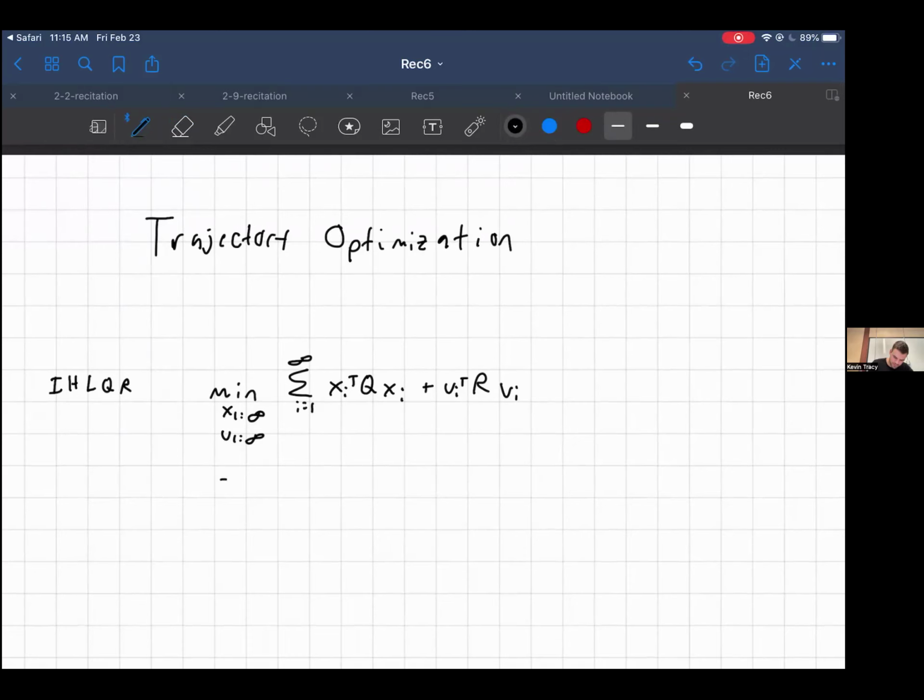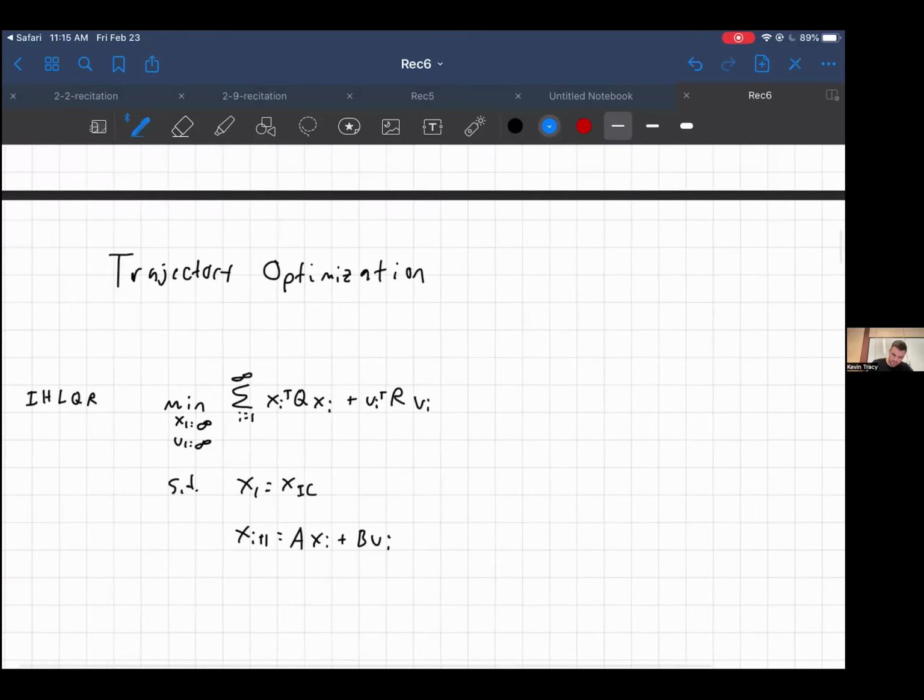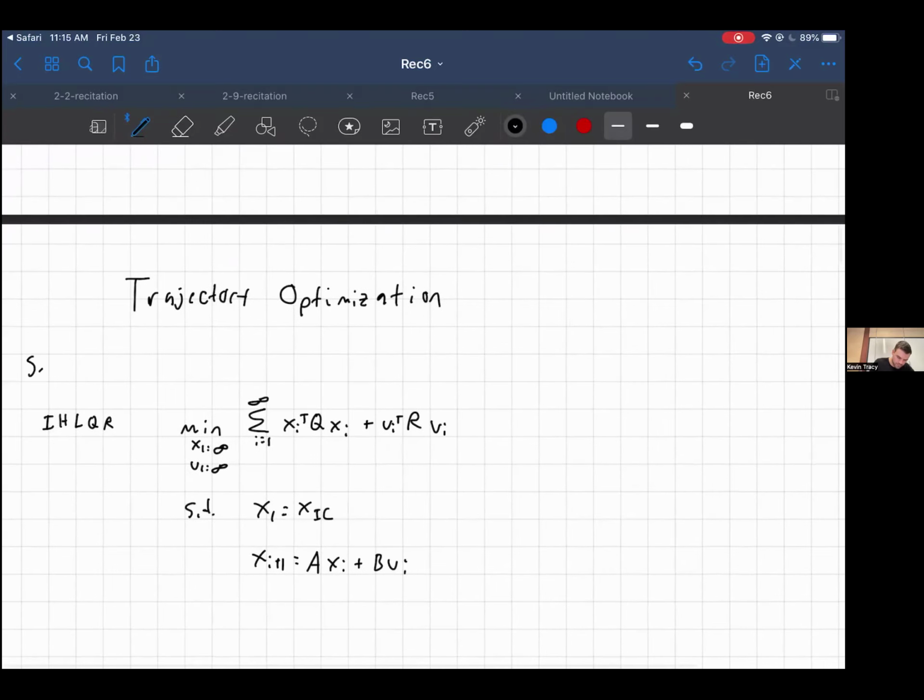And then subject to x1 equals the initial condition. So what I'm going to do here is write problem and solver.